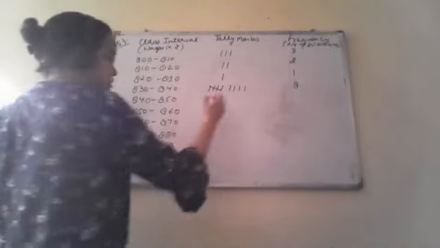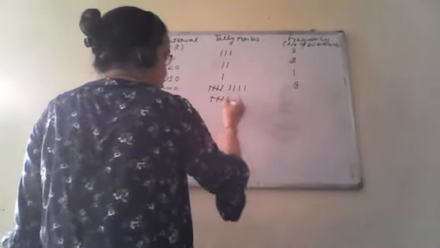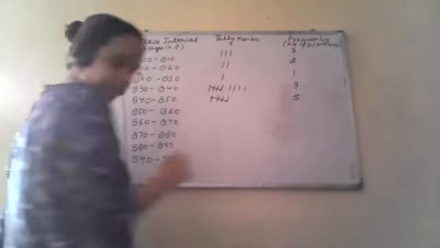Then 840 to 850, you have 5 workers. So it is 1, 2, 3, 4, 5.